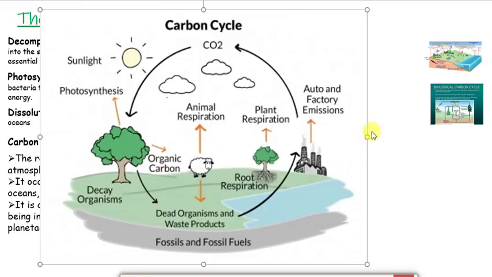Again, anthropogenic activity. How are humans involved in altering this? Well, when dinosaurs roamed, plants and animals roamed the earth, and then they died, and over millions of years they turned into coal, oil and gas, fossil fuels. We come along and start burning those through combustion.